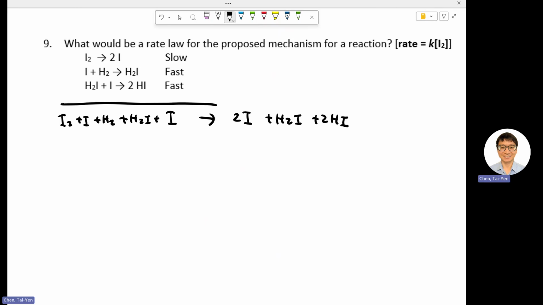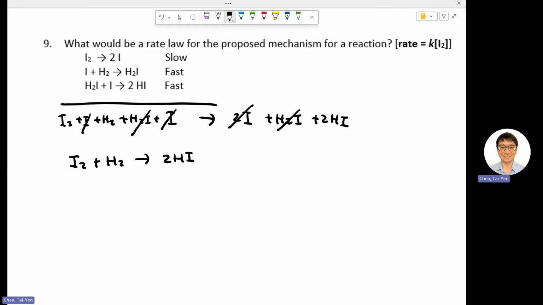I just add up everything and cancel out the things that show on both sides. So you have 2I, 1I, and H2I cancels out. The only thing that remains is I2 plus H2, and they give you 2HI.